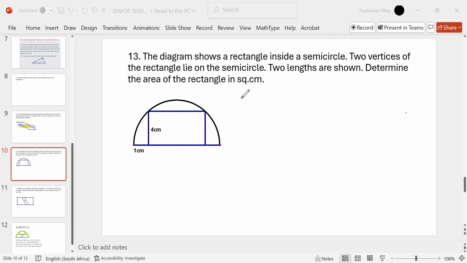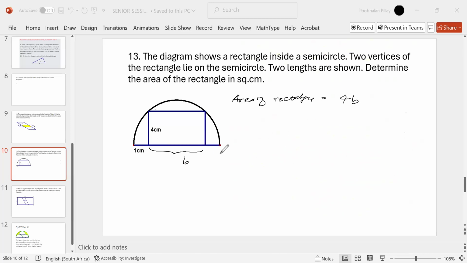The area of a rectangle is length times breadth. You've got 4 as one of them, so we need to find the other one. It's 4B.